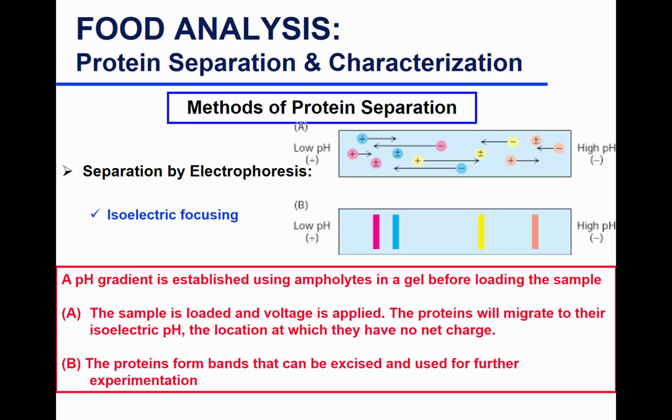The proteins will migrate, keep moving until they hit their isoelectric point. Once they hit their isoelectric point, they will precipitate out and they will move no longer. Thus we separated them based on their isoelectric point. If we want to do further testing, they can be removed, excised, for further examination.